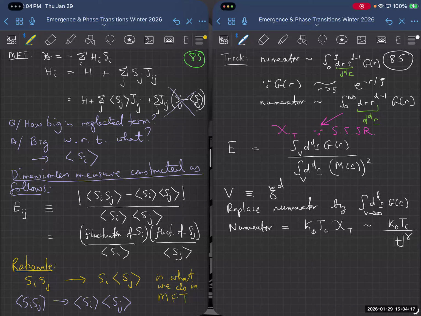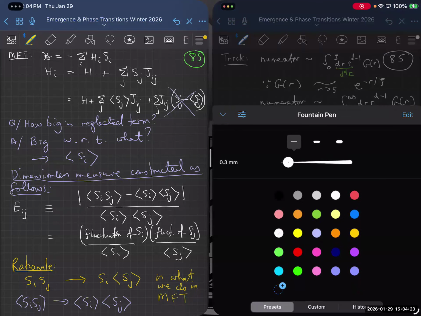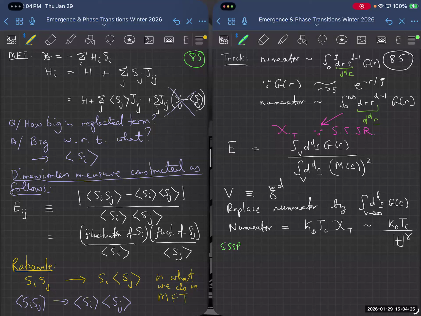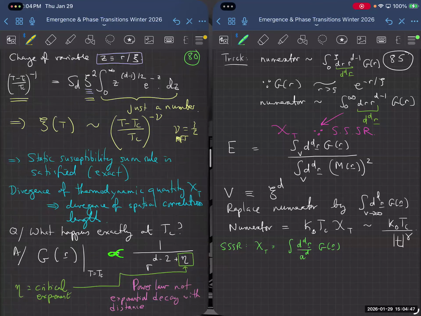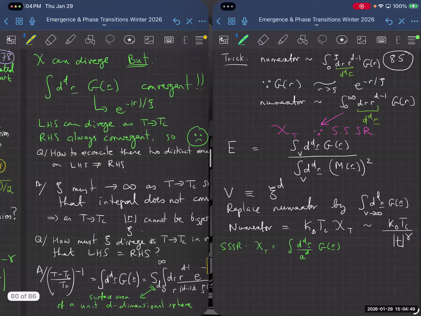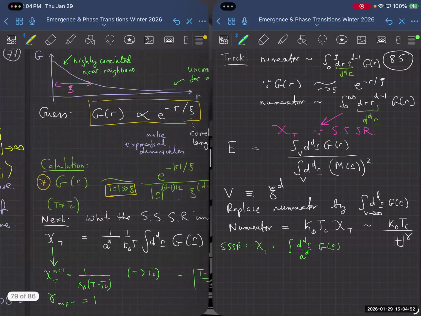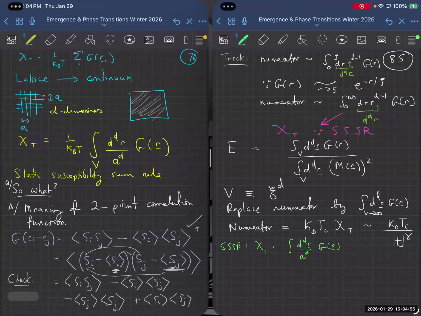Okay, so remember the static susceptibility sum rule told you that chi_T is equal to the integral of d^d r over a to the d g(r), and then there was a kB T in there, and that kB T goes where? Somewhere. One over kT.